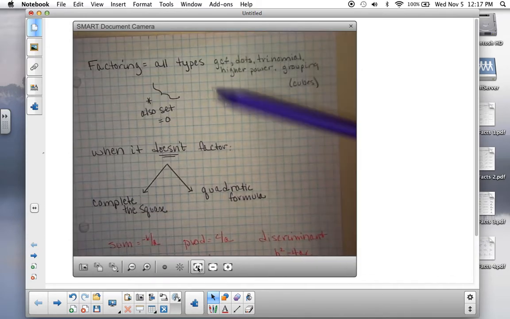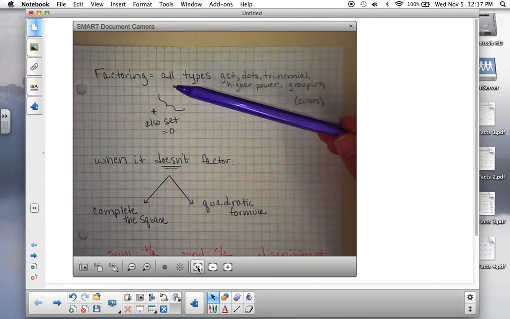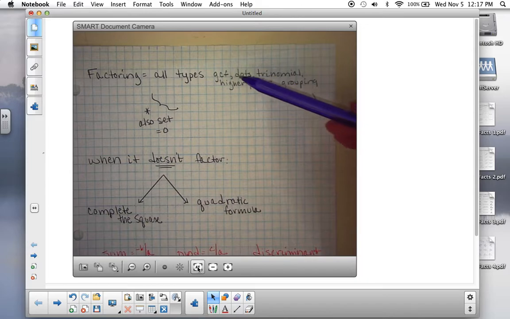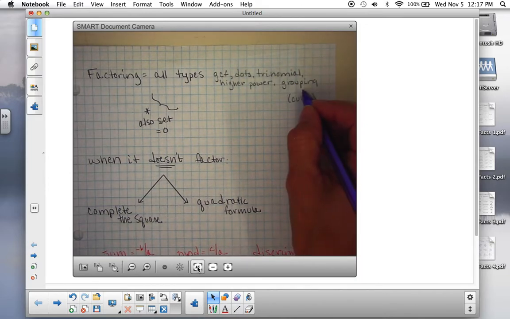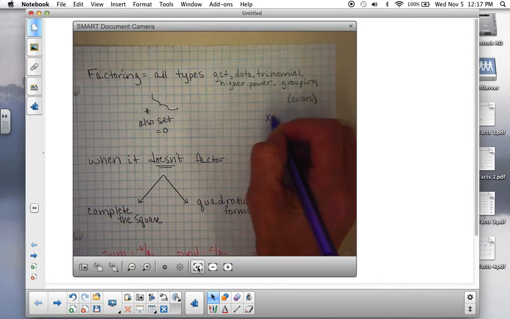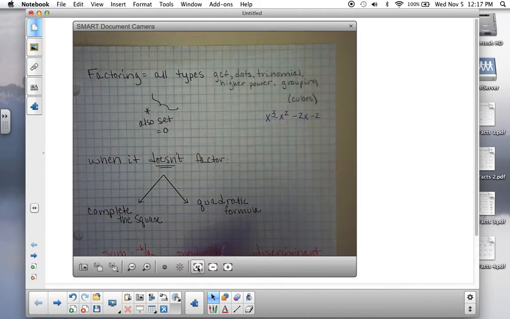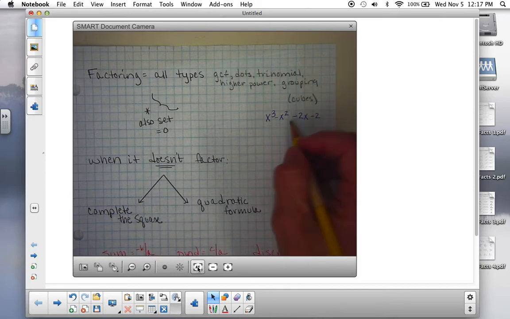So we started with all kinds of factoring. We're still doing factoring because this whole unit is all about quadratics. You have to know GCF, trinomial, grouping, which is the four-termed thing. When you have four terms, something that looks like this, minus 2x minus 2 or something, we do a GCF of just two at a time.